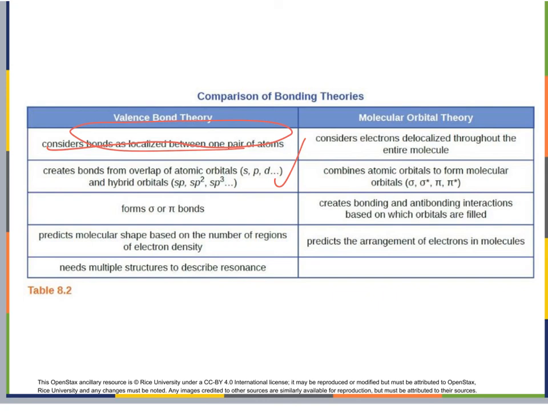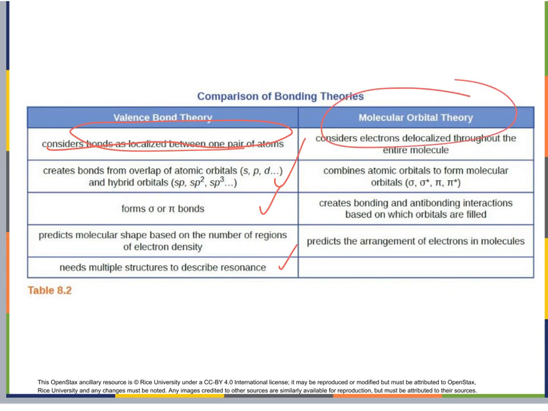And then you can also predict the sigma and the pi bonds. That's great, but it's only based on where the electron density is, and you have to look at a bunch of different structures if we talk about resonance.